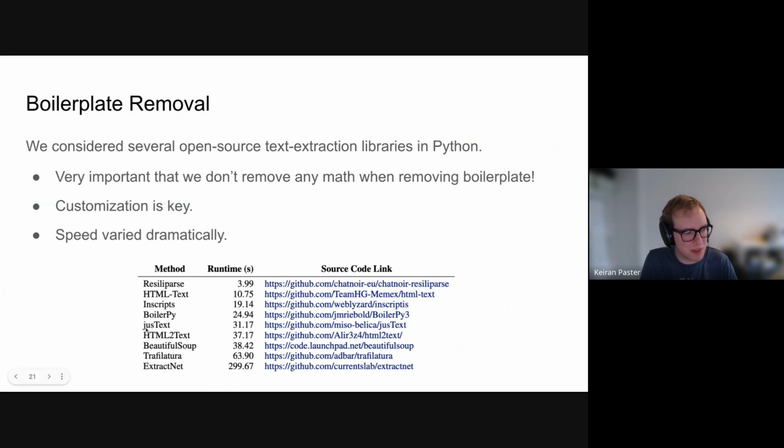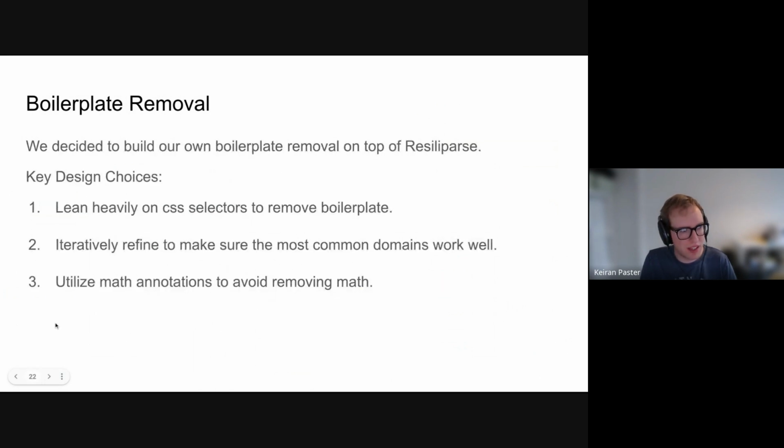Some of them, like justext, which was used to make the Pile, are like 10 times slower. So we decided to build our own boilerplate removal on top of Mozilla parse. Our key design choices here were, one, we lean heavily on CSS selectors to remove boilerplate. We go through our pages iteratively and add common CSS selectors that we think usually correspond to boilerplate.